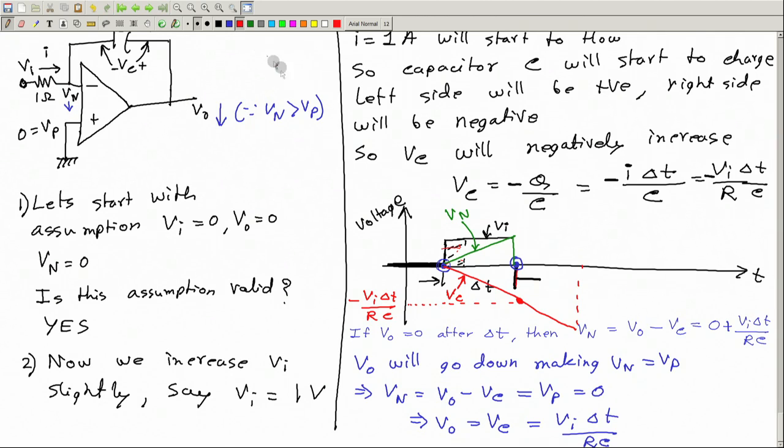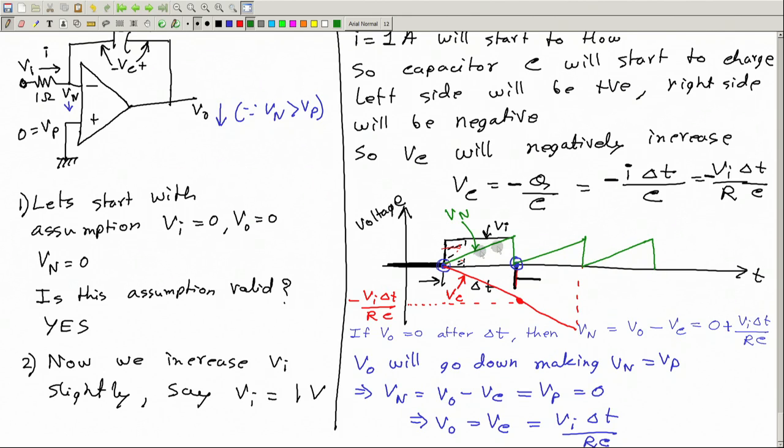So Vn will now try to go up like this. But if Vn is going up, then the output will go down, causing the Vn becoming equal to 0. So this will come down to 0 again. So this is how Vn will change.